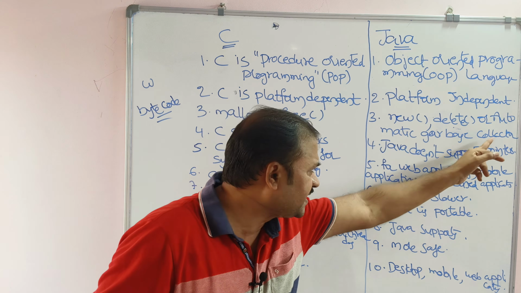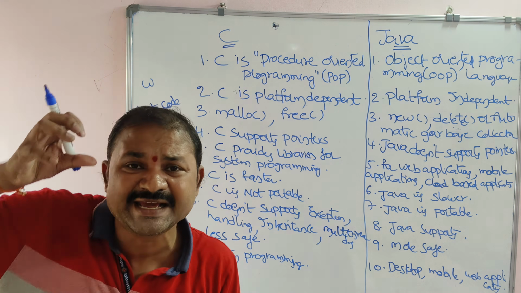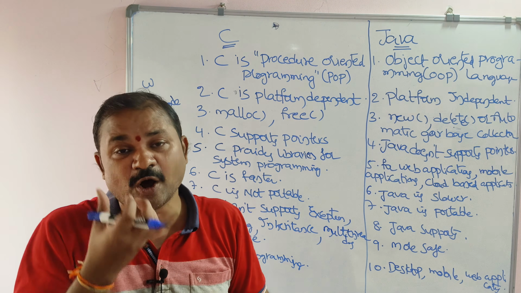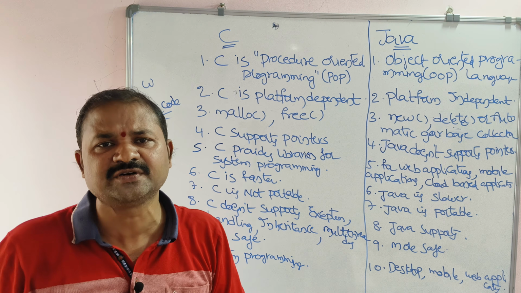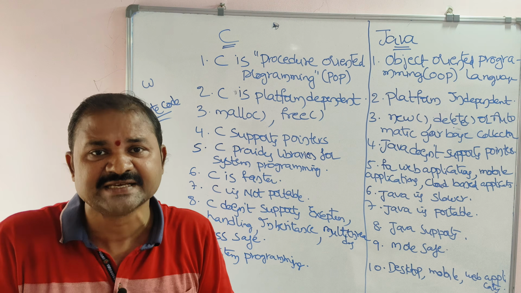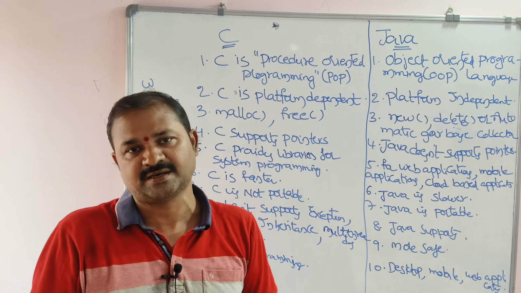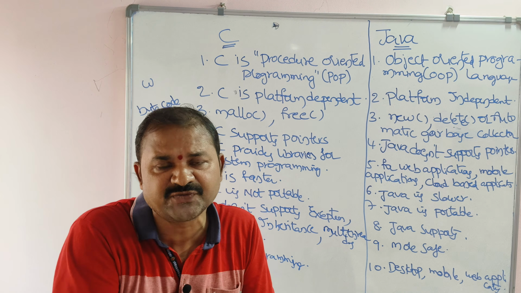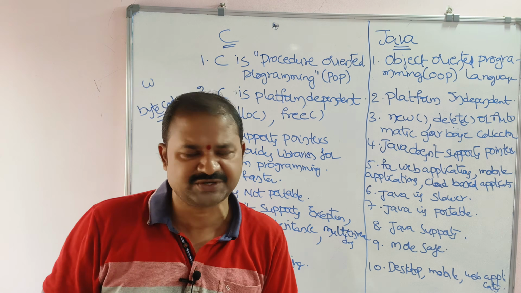This garbage collector will automatically come into the picture. If an object is not used for the longest period of time, it automatically frees the memory for the object. So that memory is useful for storing some other variables.